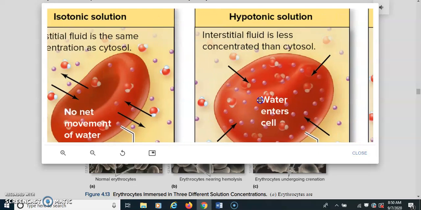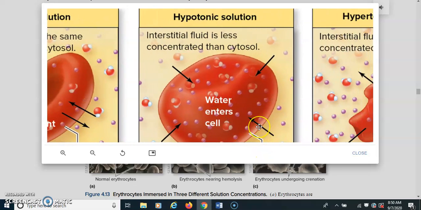So the next example of a solution is we may have a situation where the solute concentration, so the amount of solutes in this watery solution outside the cells, or the interstitial fluid, is going to decrease. So we're going to lose solutes in that case. So if we use sodium and chloride as an example, but it could be other solutes too.